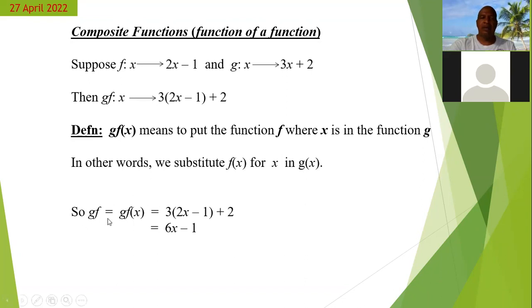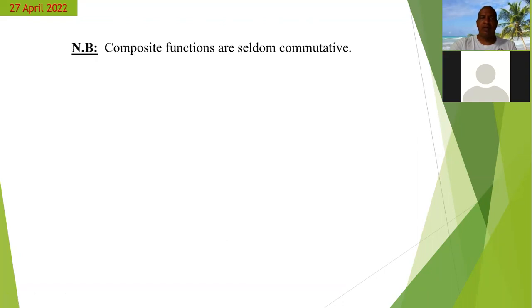Now, here we would have gf of x, put in the function 2x minus 1 in g. So we simplify that to 6x minus 1. Now, note that composite functions are seldom commutative.